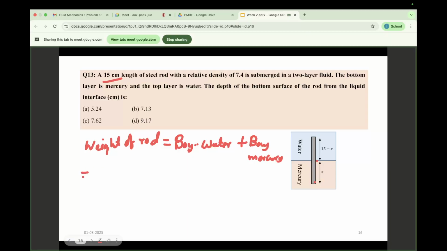What is given in the question? Relative density is given, right? The relative density of the rod is 7.4. So what should be the weight? Can anyone tell what should be the weight of the rod?